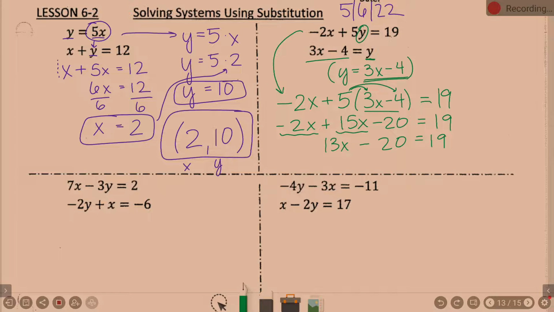Now you add 19 this time, right? No, you add 20 to 19. If it's 13x minus 20, I want to move the minus 20 to the other side. So if it's minus 20, we're going to add 20 to the other side. Okay, carry the 13x down.